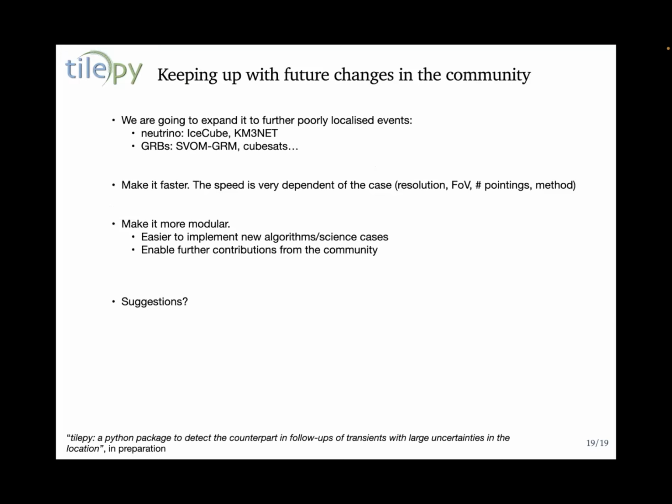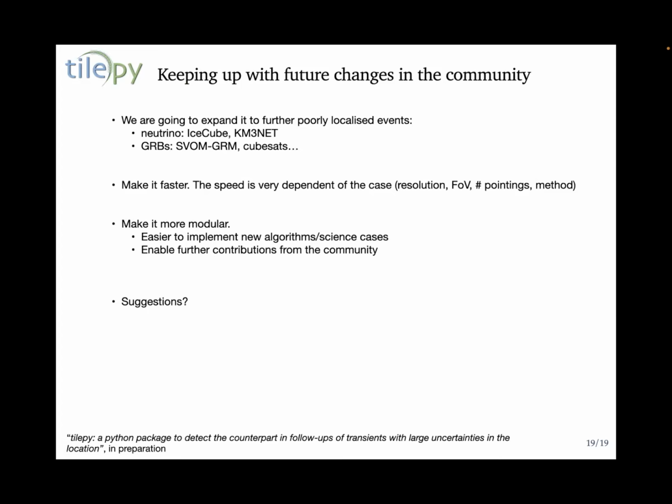The speed of the code depends a lot on the case, so I cannot give you an estimate, it can be very broad, but for example, for these things that I showed it is on the order of tens of seconds. We want to make it more modular, so it's easier to implement more science cases and allow for contributions from the community. So this is all.